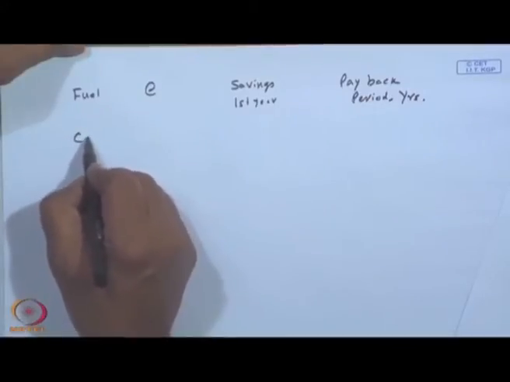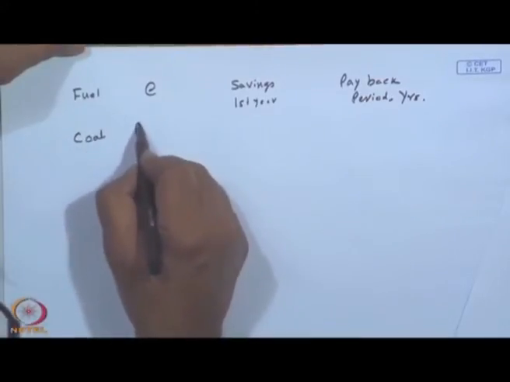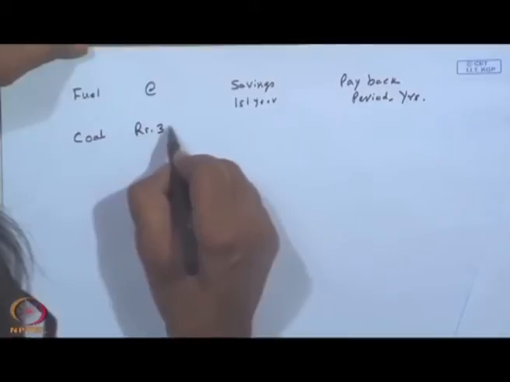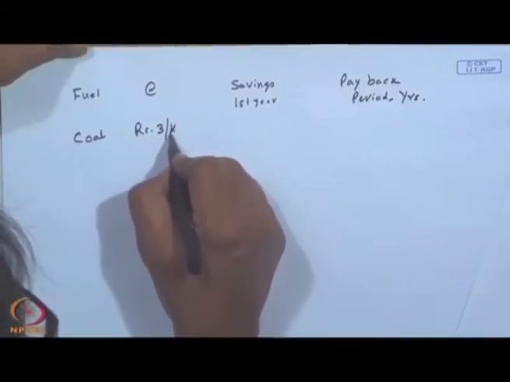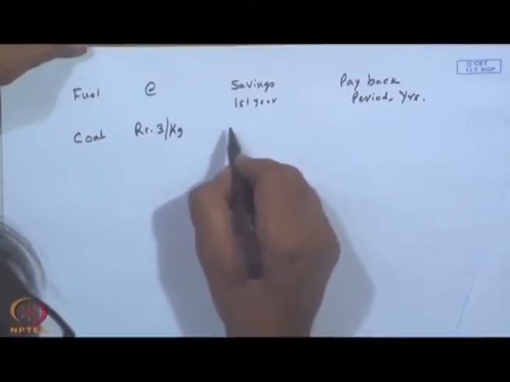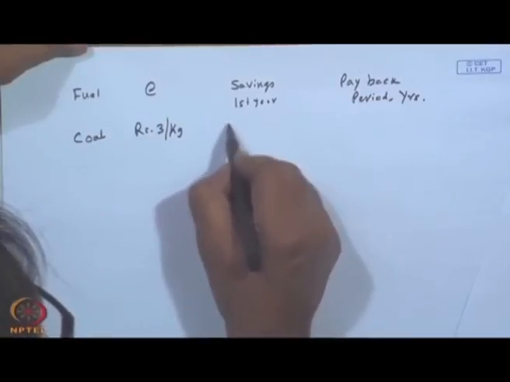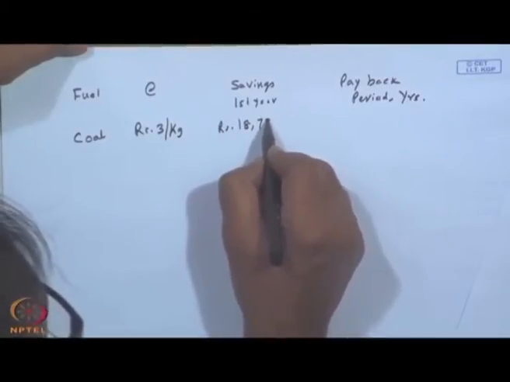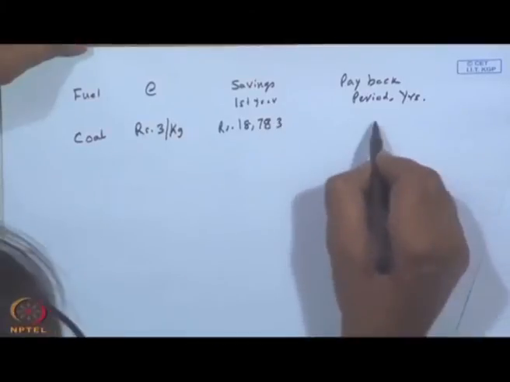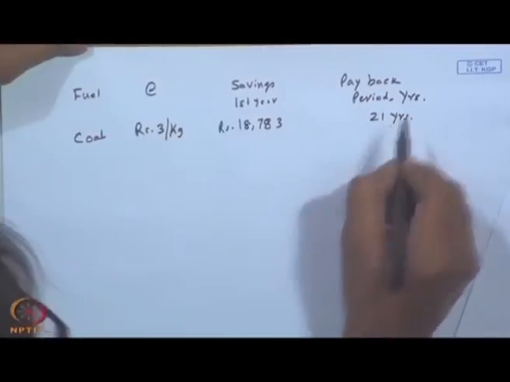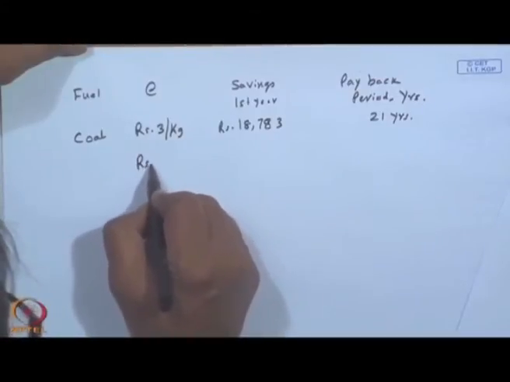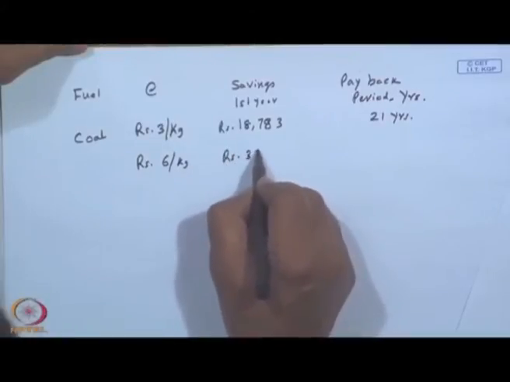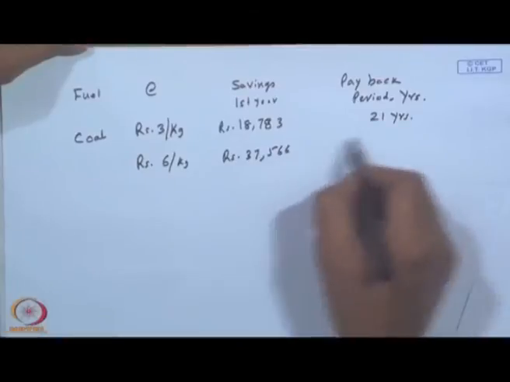So, first one is coal at Rs 1.70 is too low a value, so Rs 3 per kg. This comes to about Rs 18,783, leading to 21 years, and at Rs 6 per kg, this comes to double, 37,566.